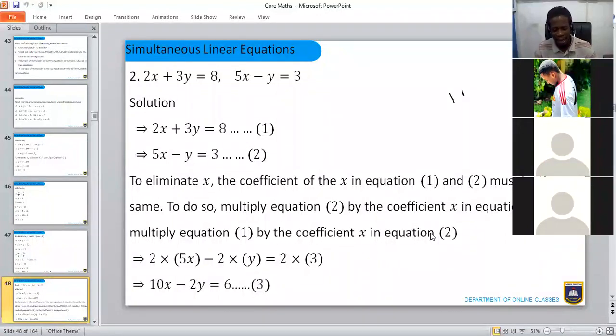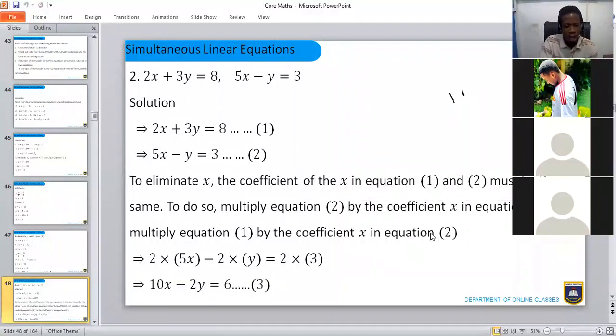I will go over again. To do so, multiply equation 2 by the coefficient of x in equation 1 and multiply equation 1 by the coefficient of x in equation 2. When I pick the coefficient of x in equation 1, that will be 2. And I'll multiply that 2 by equation 2.